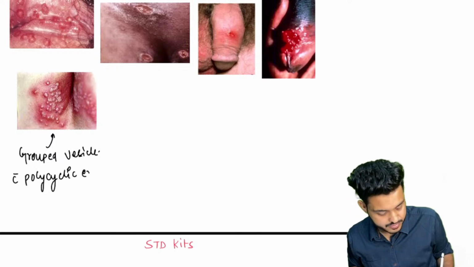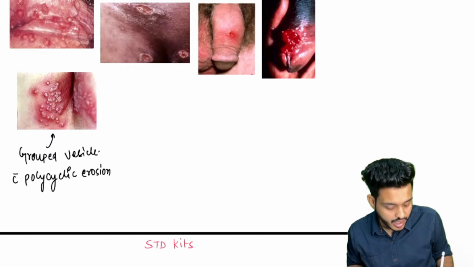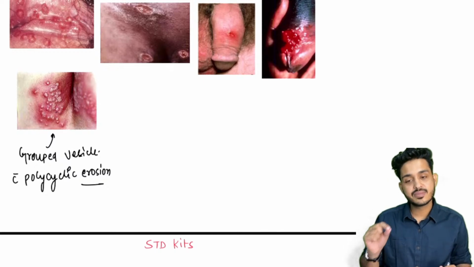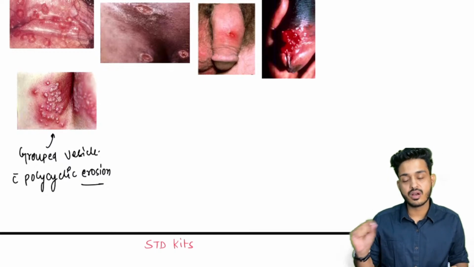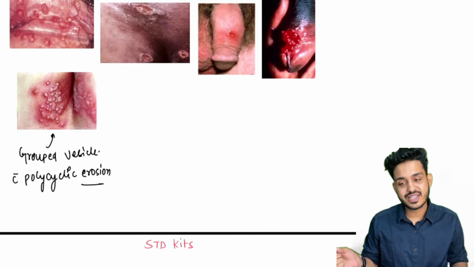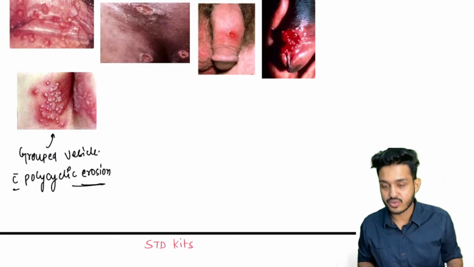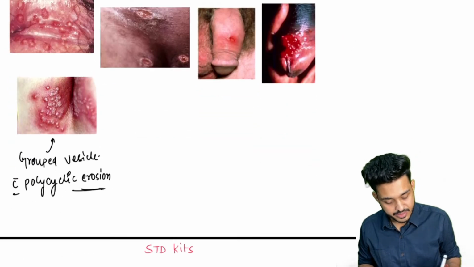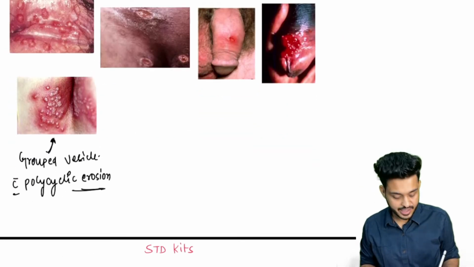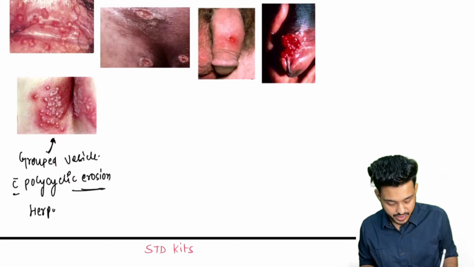Vesicle means small, less than 0.5 centimeter, that is your vesicle, right? So grouped vesicles with polycyclic erosion, that would be your herpes. That is how you can identify it.